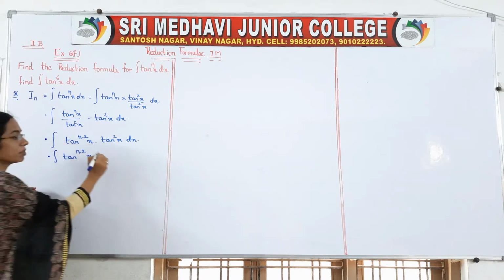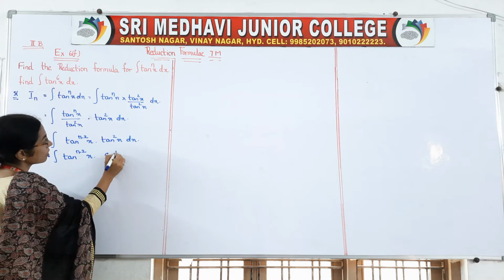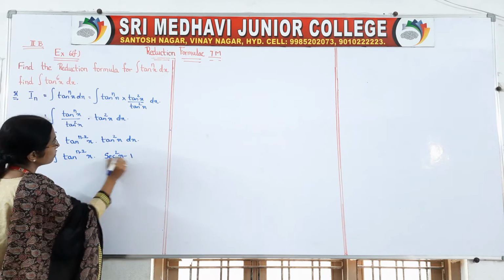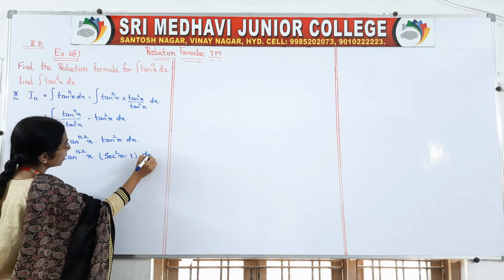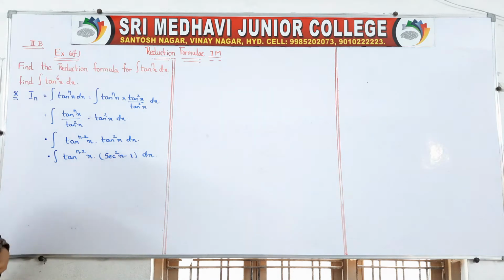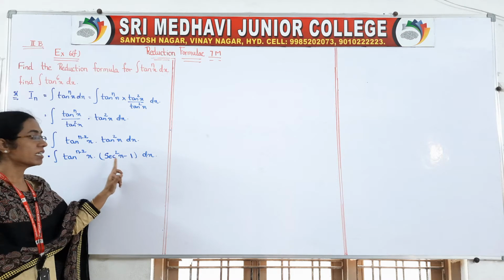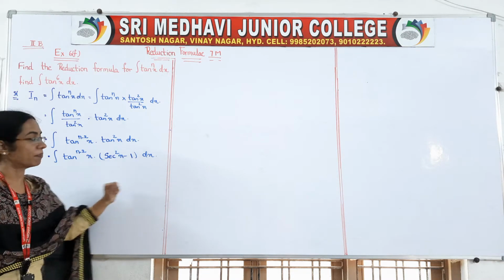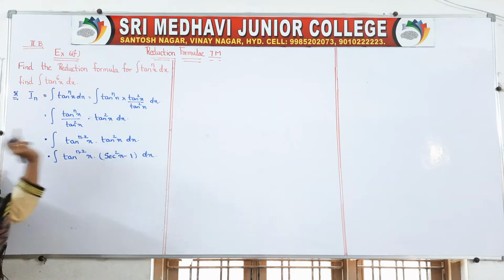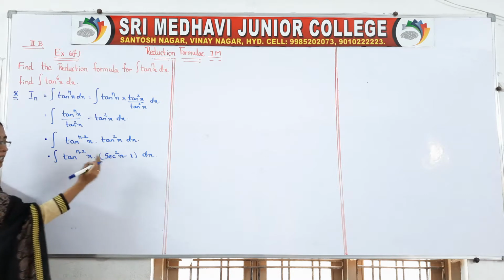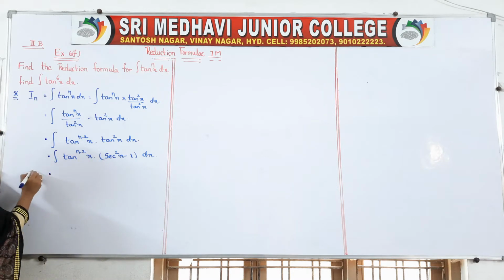Okay, so next we can write this as tan of n minus 2x. Tan square x can be taken as secant square x minus 1. By trigonometry, there is a formula from the identities, right? In place of tan square x, we can write secant square x minus 1. Right, now write separately, multiply first, then take the integrals separately. This is your In, right?